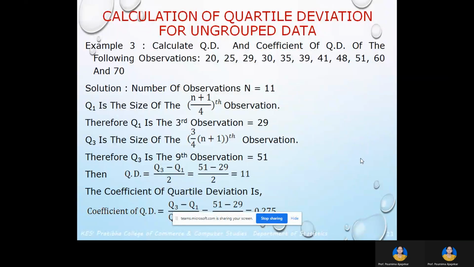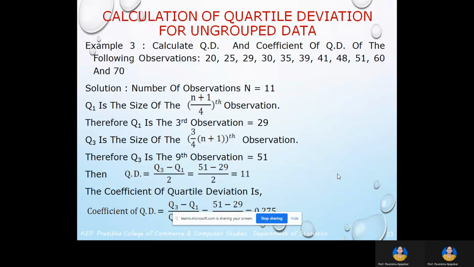Now we will see how to calculate this quartile deviation for different types of data. Firstly, we will compute quartile deviation for ungrouped data, that is raw data. So consider the example. Calculate quartile deviation and coefficient of quartile deviation of the following observations. Firstly, we need to compute the first quartile Q1 and the third quartile Q3. For that, we need to arrange this data in ascending order, and as we can see, the data is already arranged in ascending order.